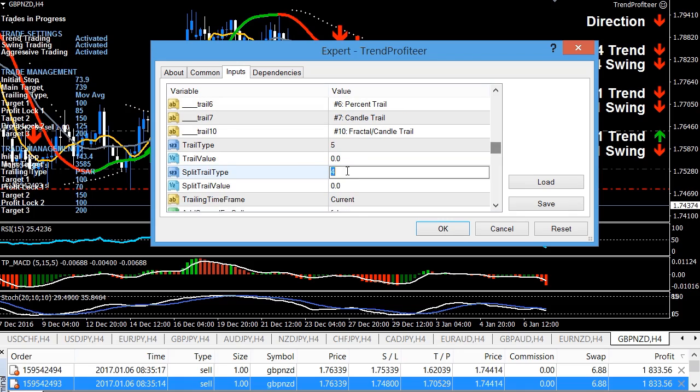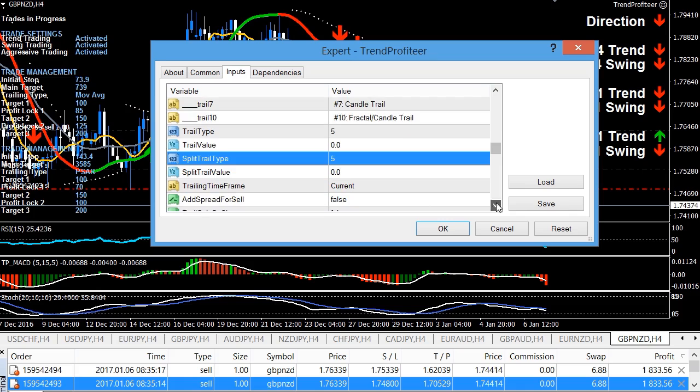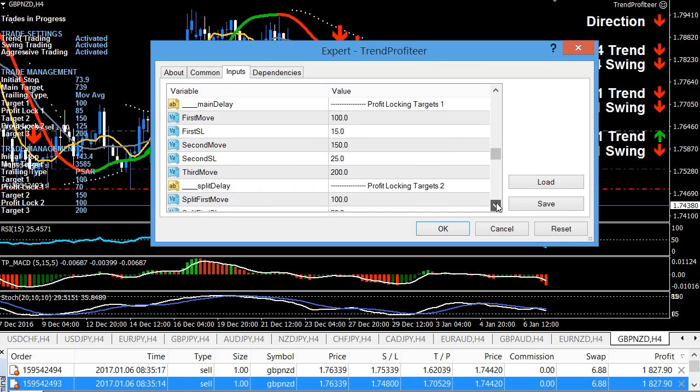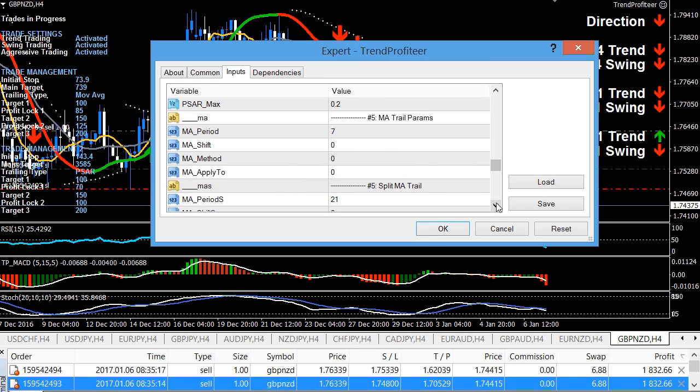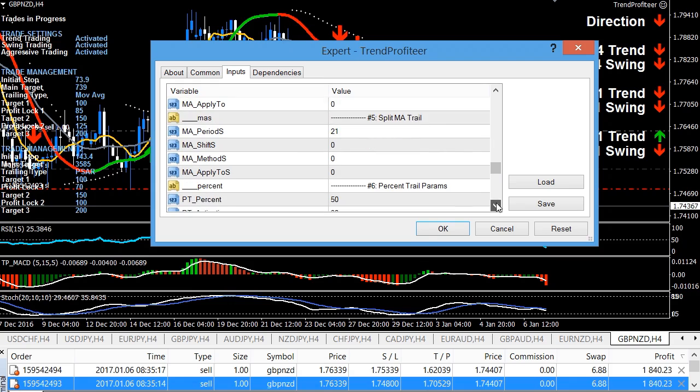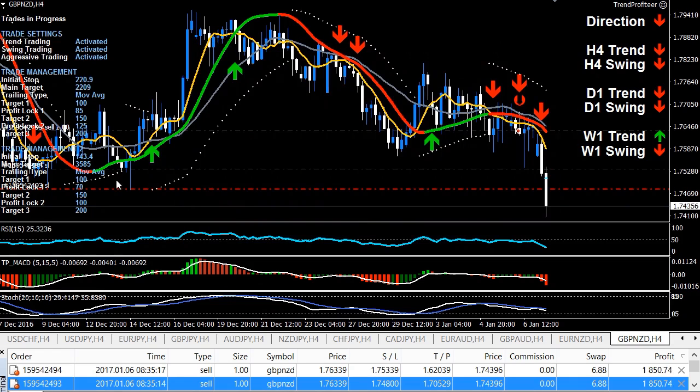So I'm going to change the split trail value to 5, which means that my second position is going to be trailed with the 21 moving average, to be particular about it. So both positions are being traded independently, and you have full flexibility on how they are managed.